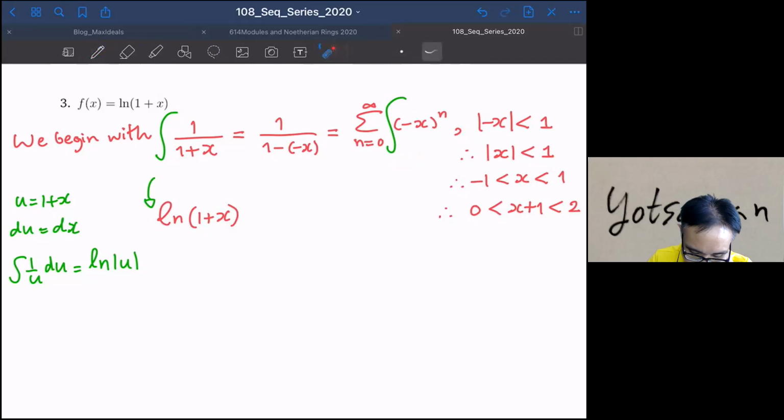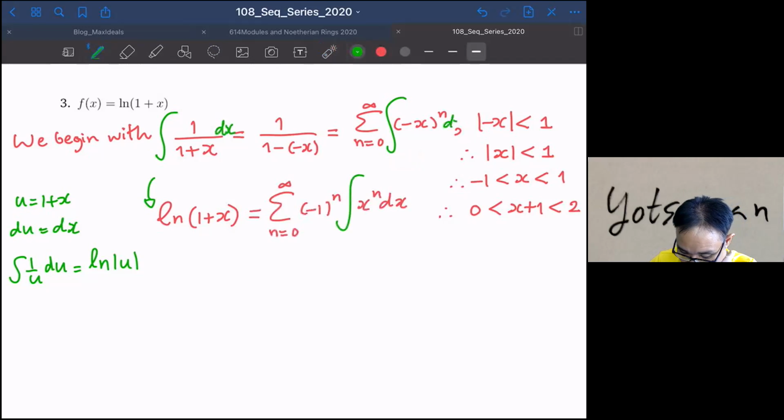Before we integrate this guy, let me write it in terms of series, n equal to 0 to infinity, negative 1 to the n, and you just integrate x to the n dx. Oh, I forgot dx. When you integrate, you must have your dx.